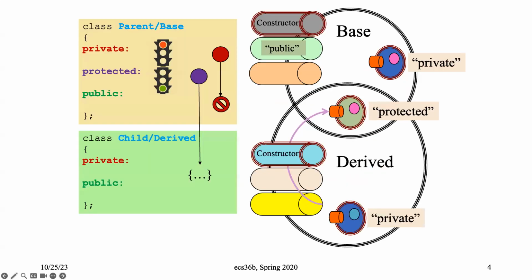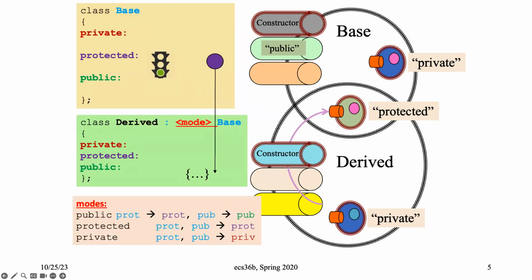And also, now you start to see the three keywords: private, protected, and public. You have three different sections. Not only can you specify private, protected, public inside this pair of curly brackets, but you can also say this in the inheritance relationship.